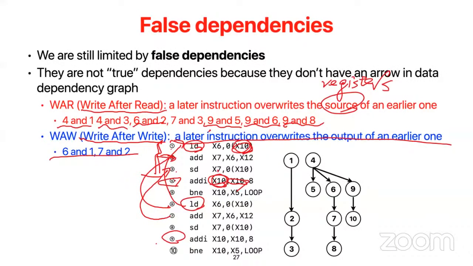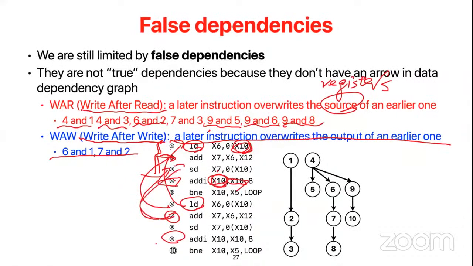And for instructions 7 and 2, if I have two of them executing together, or reorder them in such a way, then X7 would be missing for some of the instructions that depend on the value.